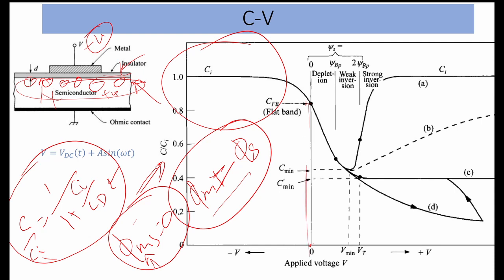So as we start applying the positive voltage at this junction, it will reduce the hole concentration here because it will repel the holes. So there will be a contribution from the semiconductor also.